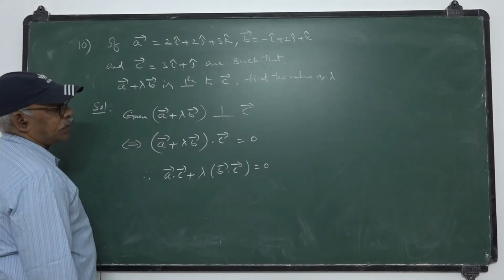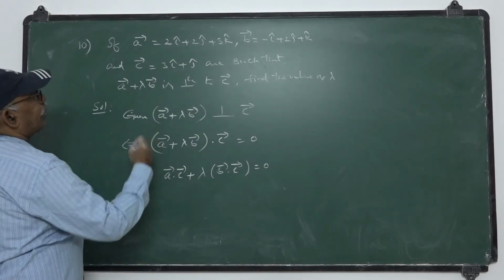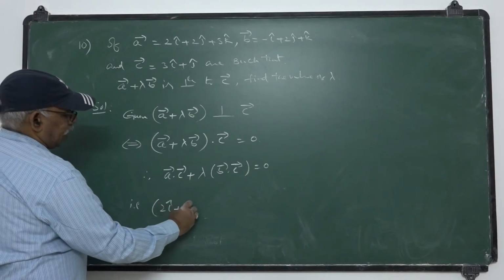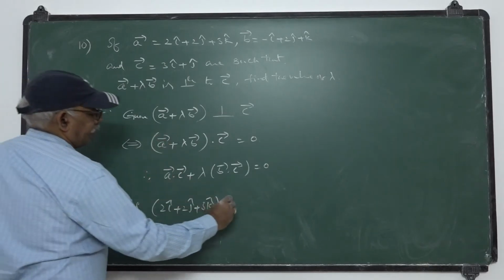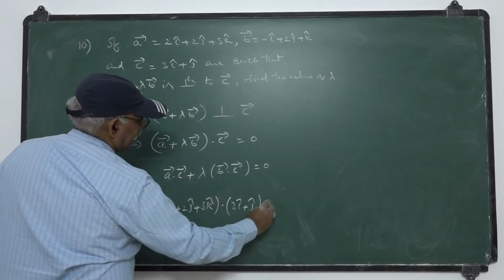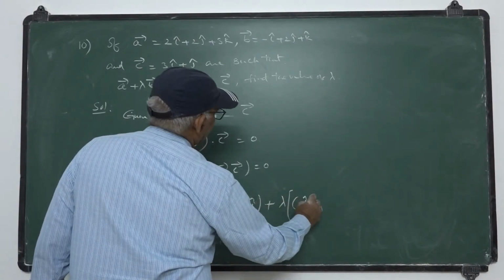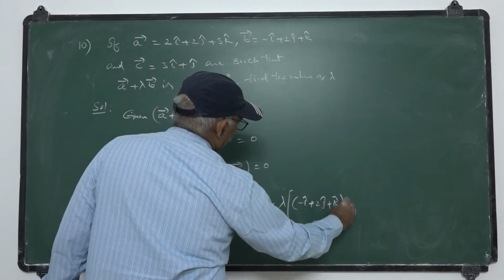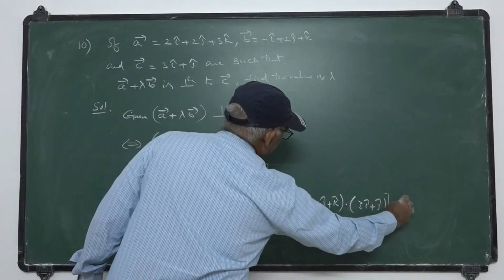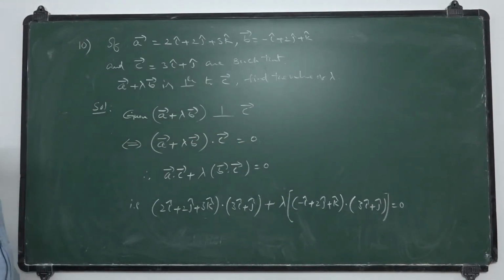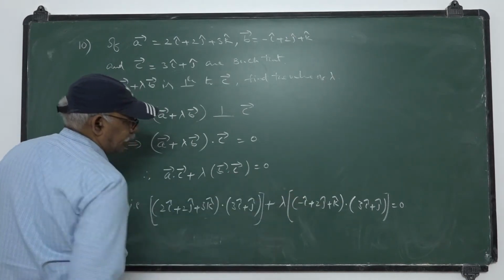A bar dot c bar, dot product of these two, that is a dot c, 2i plus 2j plus 3k dot c, 3i plus j, plus lambda into b dot c, minus i plus 2j plus k dot c, 3i plus j, is clearly 0. Apply the dot product of a and c here and b and c there.